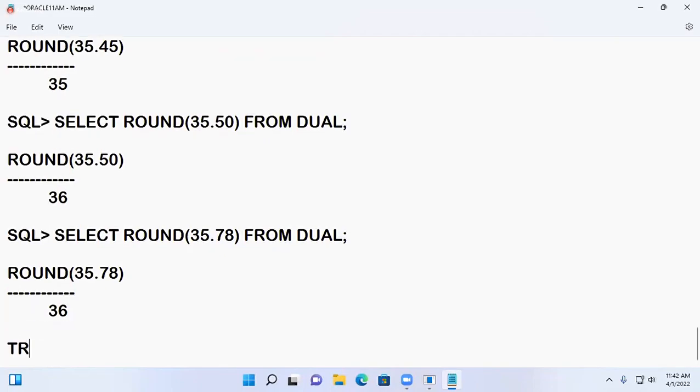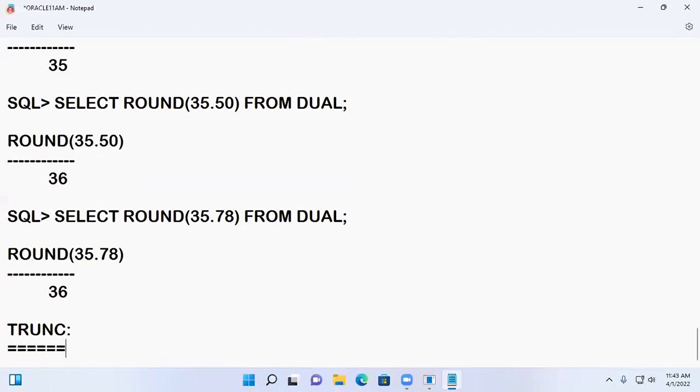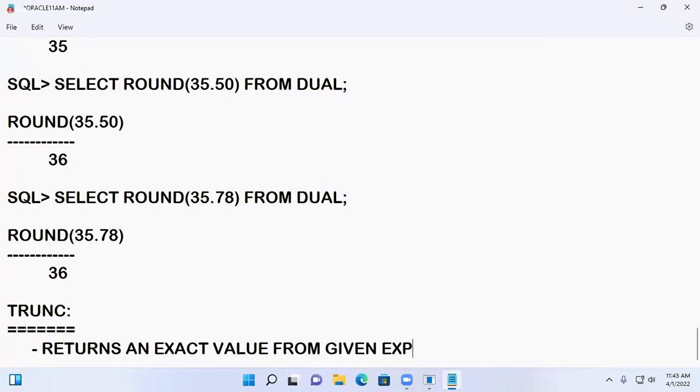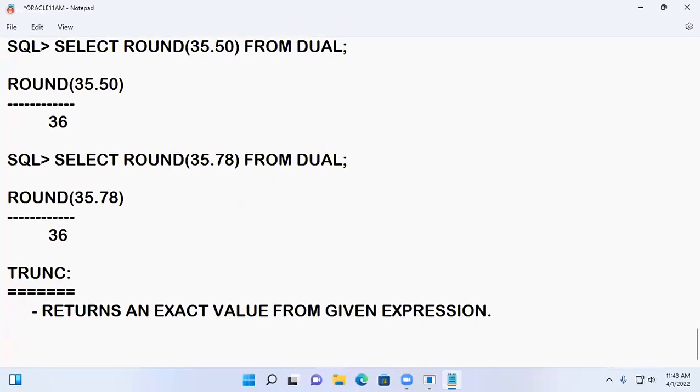And the next function is called what now? Trunk. This function returns an exact value from the given expression. So the trunk function is quite opposite of the round function, because the round function considers the 0.5 value.